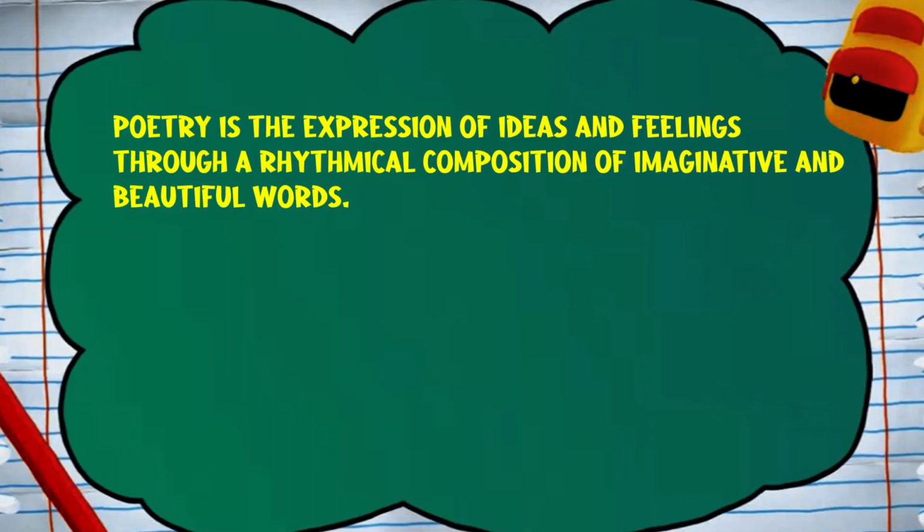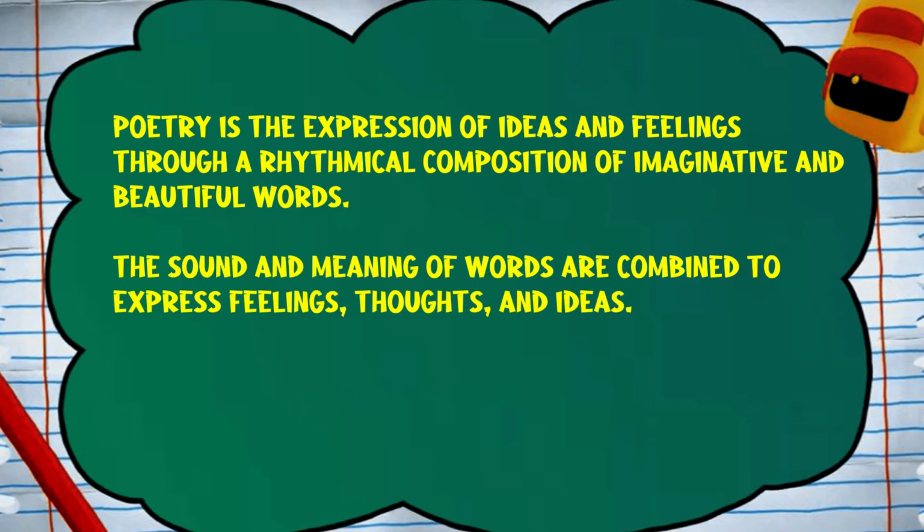Now, remember, as I said, poetry is that expression of ideas and feelings through a rhythmical composition of imaginative and beautiful words. And you would have seen that in the poem we used today. The sound and meaning of words are combined to express the feelings, thoughts, and ideas of the poet for you to understand a real scenario or understand the imaginative piece that they would have put together.